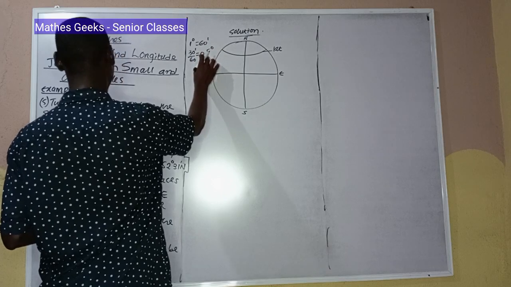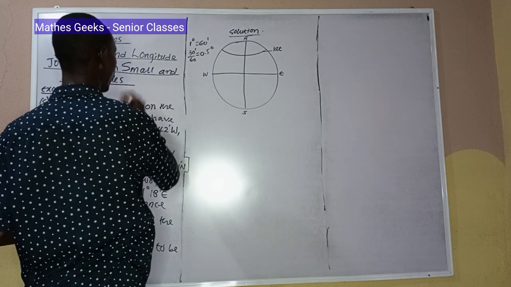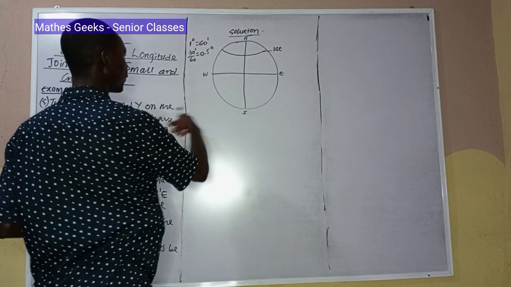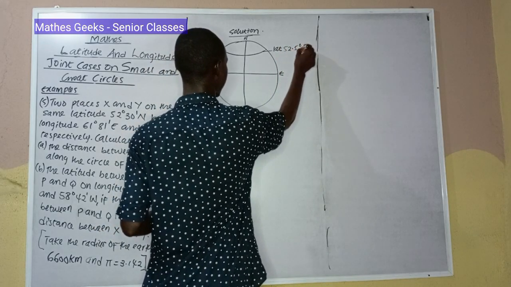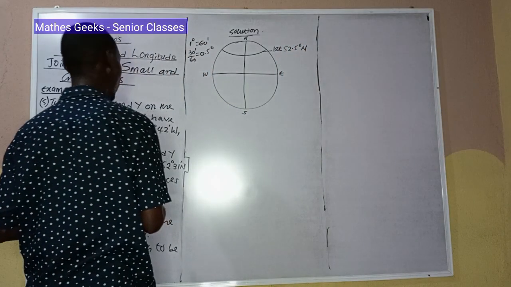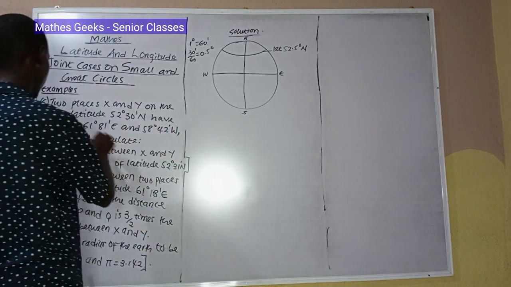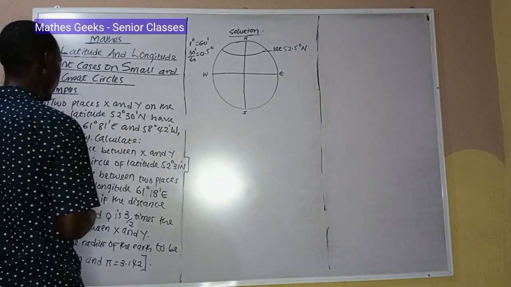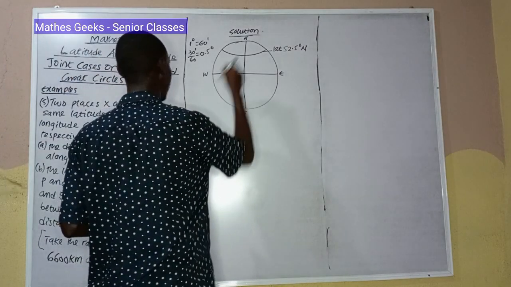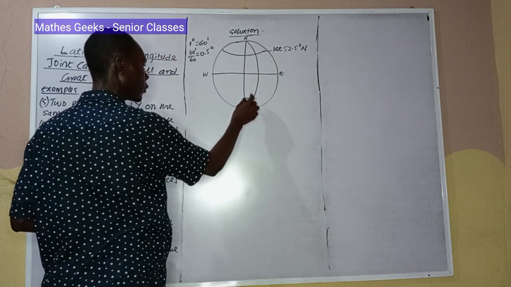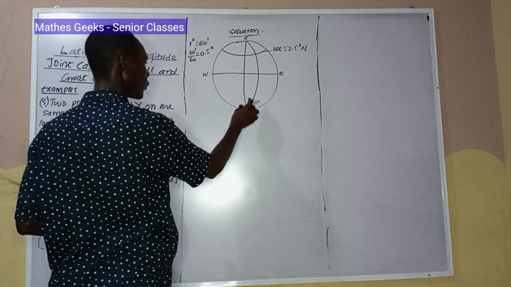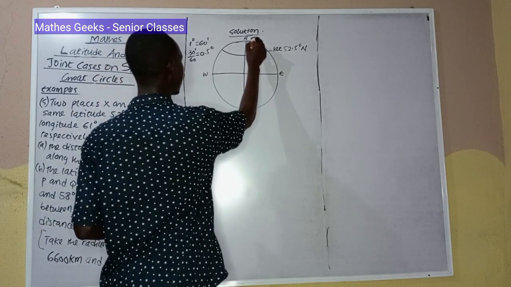So when you have 0.5 degrees plus 52 degrees, it gives us 52.5 degrees. So this will give us latitude 52.5 degrees north. Then we also have to do the same for the rest. Longitude 61 degrees 18 minutes east. 61. This longitude.